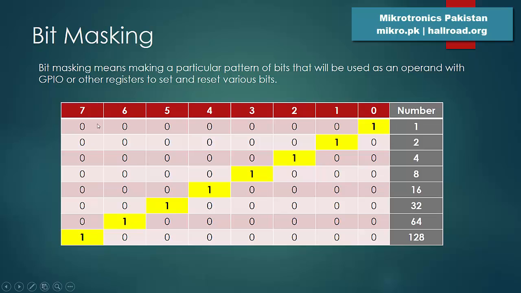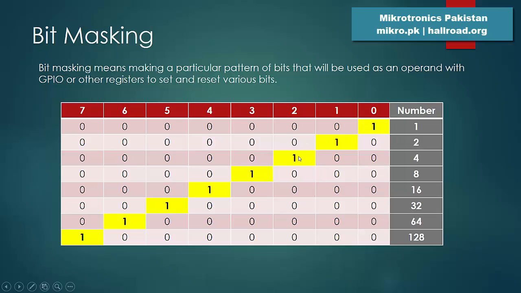So in order to make these masks, let's say we have this 8-bit number; in STM32 you usually have 16-bit or 32-bit numbers. If we want to set the 0th bit of the number, we put a 1 there, and this becomes the decimal number 1. If we want only the next bit set and all other bits are 0, this number becomes 2.